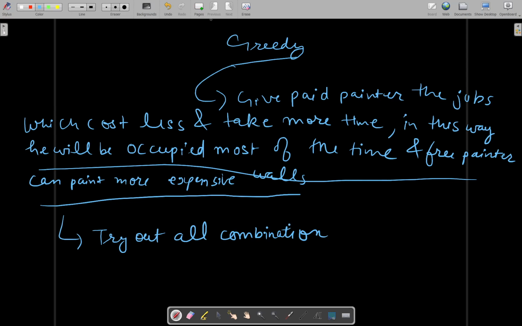This greedy approach won't work because it is very difficult to arrive at a greedy solution which will optimally solve this problem.